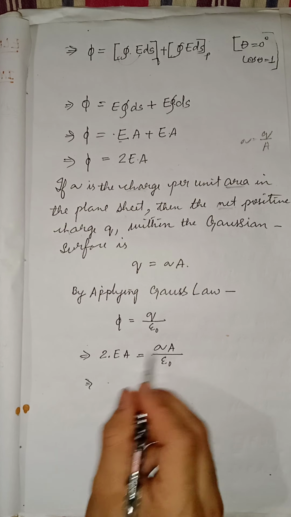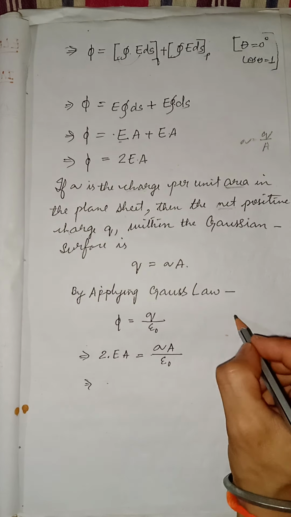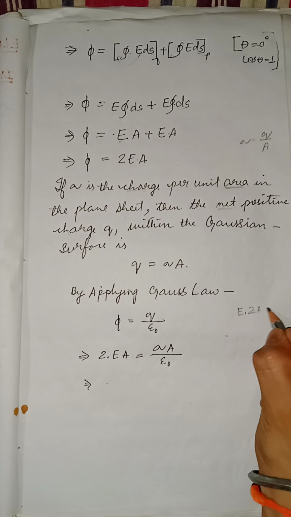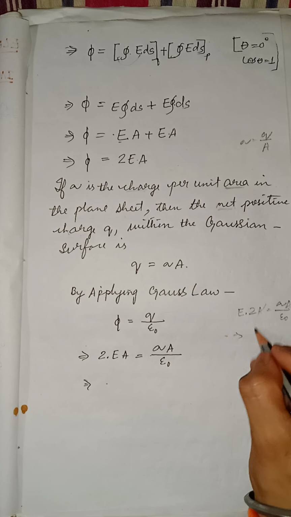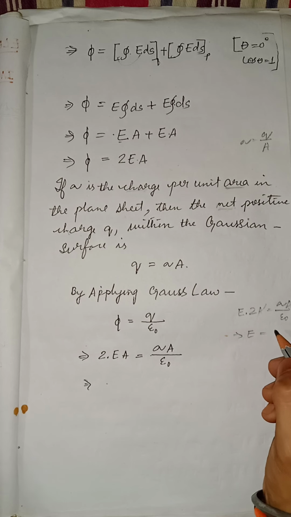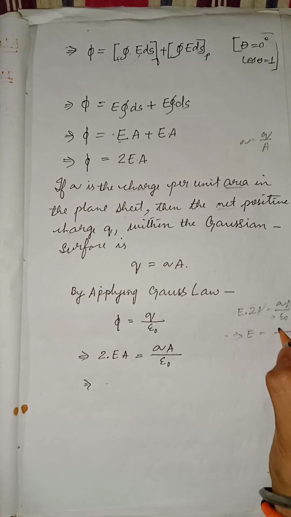Now if we cross multiply, let E be on one side and twice A on the other side, then it will be sigma by A. Now A cancels, and E remains here, since we need to find the electric field expression. The 2 is cross multiplied, so sigma by 2 epsilon naught.